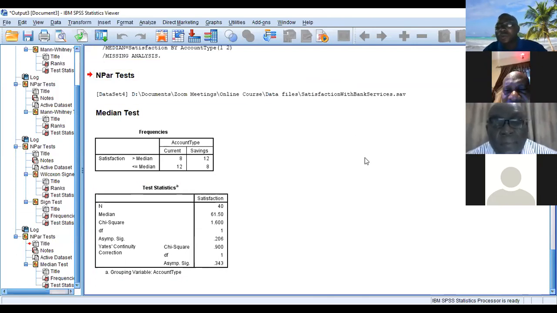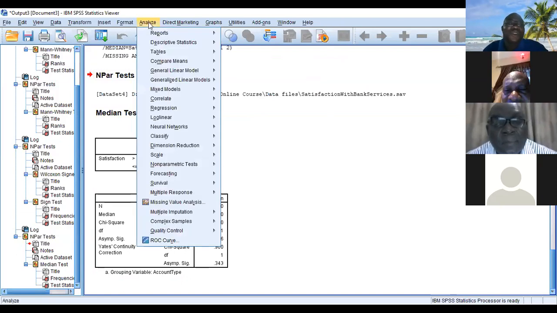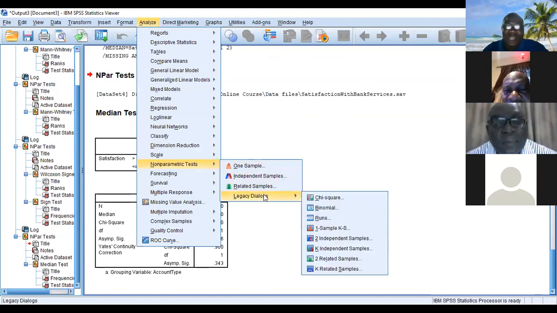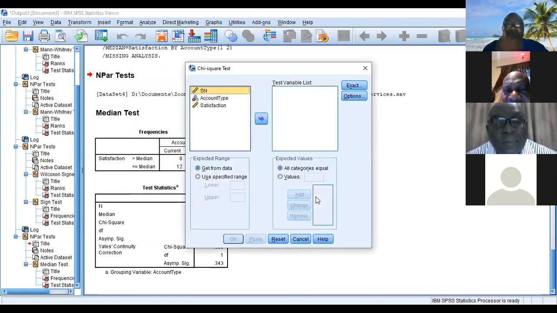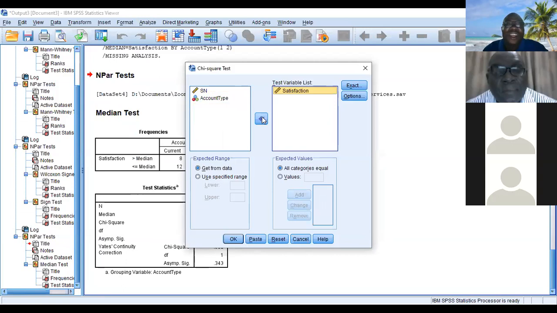Listen, there is chi-square there in that non-parametric. Can we just use it and see what will happen? Let me see. Okay, let's go there. Non-parametric, legacy, this one. Satisfaction.